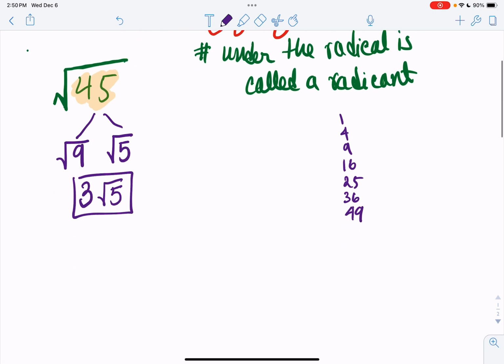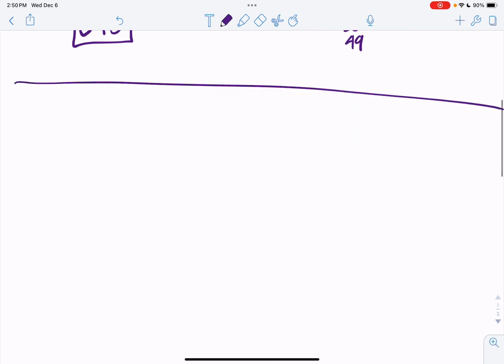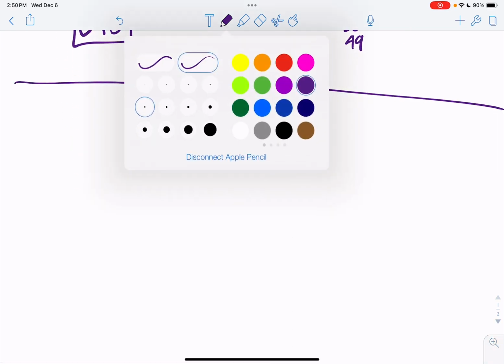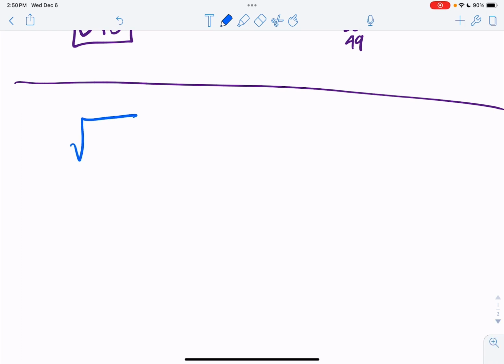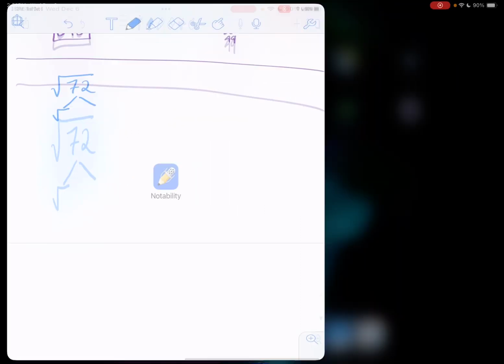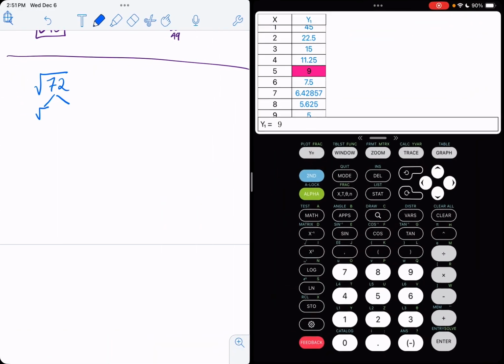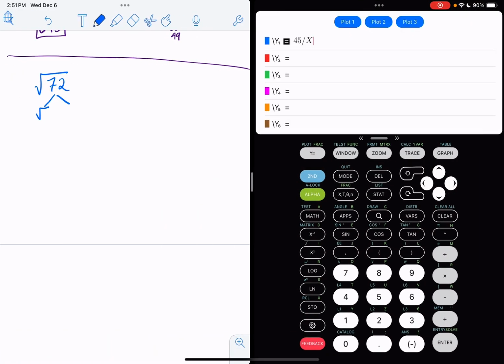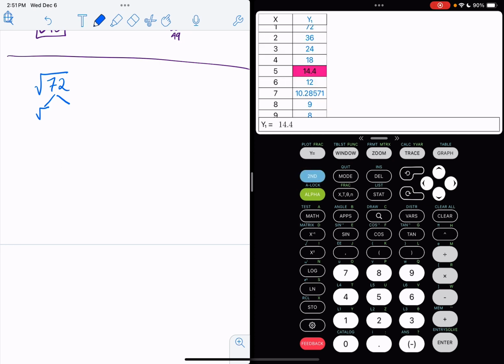Now, there are times when it gets a little bit interesting. So let's say I have radical 72. With radical 72, there are multiple perfect squares that go into it. Let's see if the calculator would be nicer to us this time. Y equal, let's say 72 divided by x, second table.